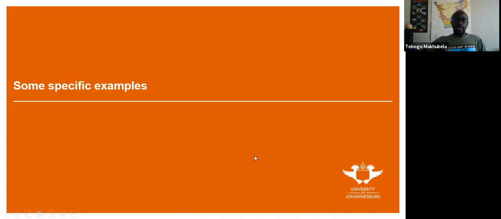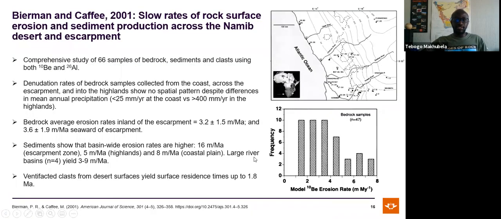Okay, so I thought I could use 3 examples of papers that have worked on this topic. And the 3rd study ever conducted in Southern Africa was actually that of Bierman and Caffee in 2001.